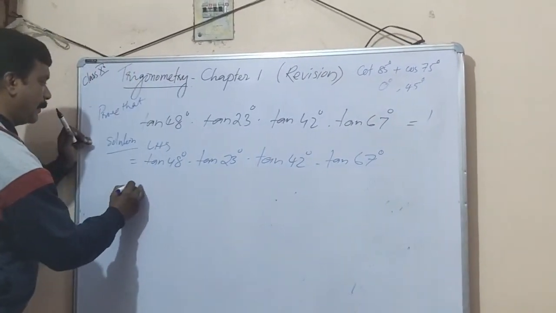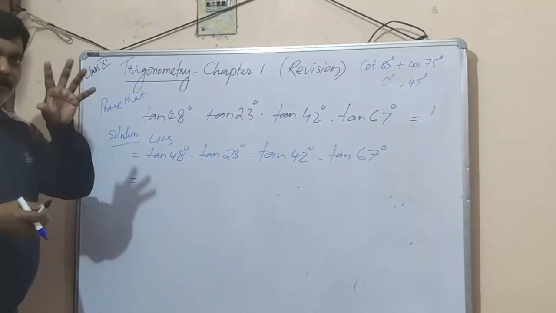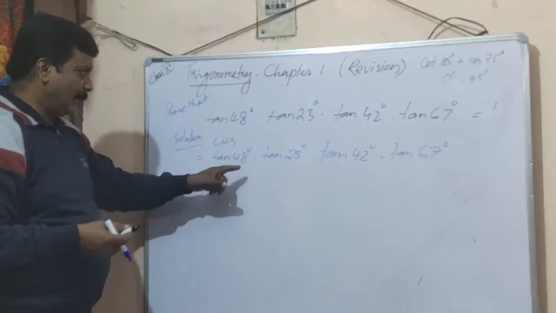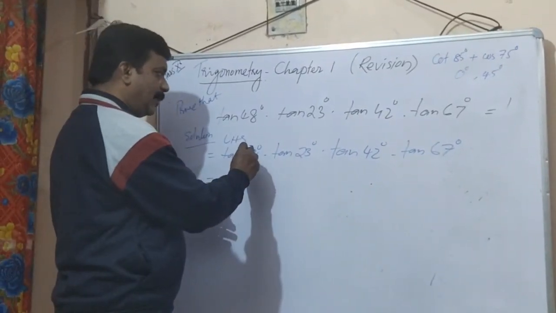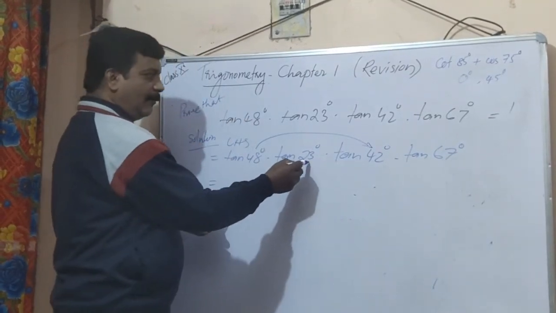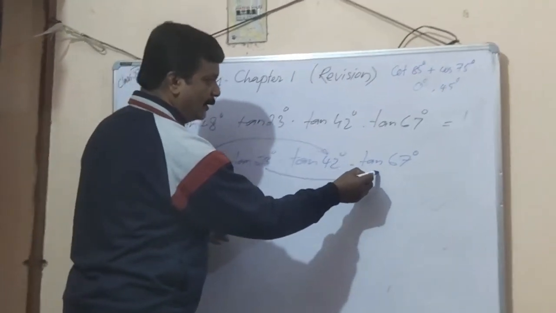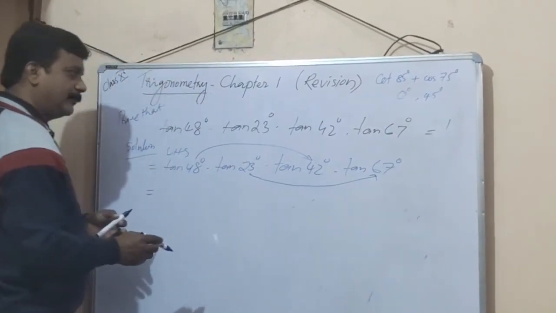Now see how to make the connection with complementary angles. 48 with what will make 90? 42 will. And with 23, what can make 90? 67, because 23 plus 67 is 90.